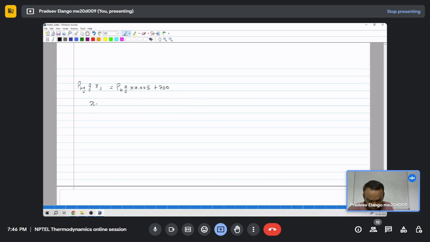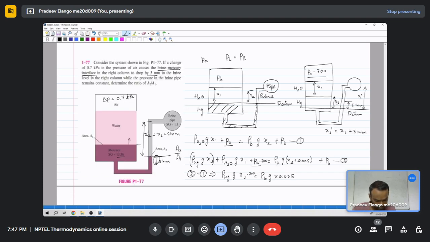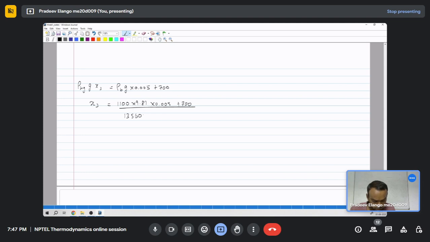So x3 is what we need to find. We have brine solution 1100 into 9.81 into 0.005 plus 700, divided by 13,560 into 9.81.